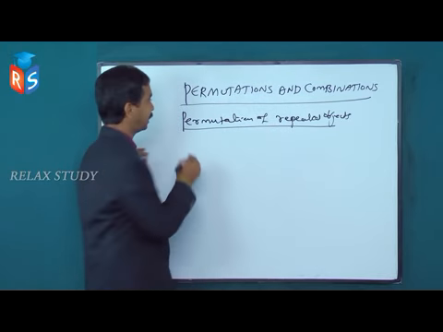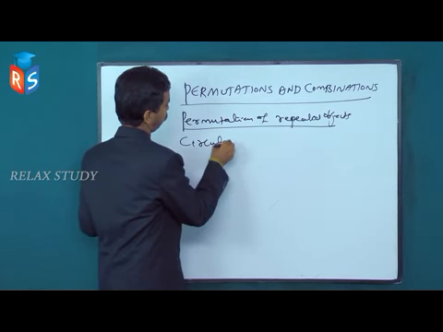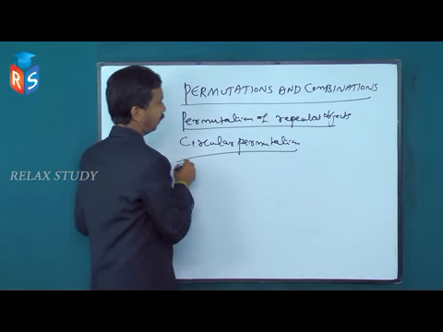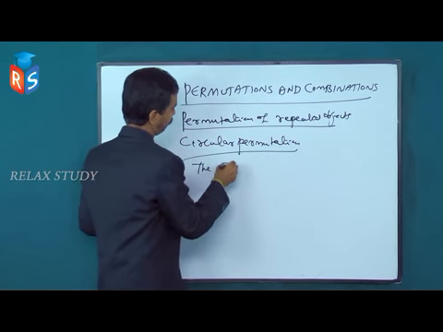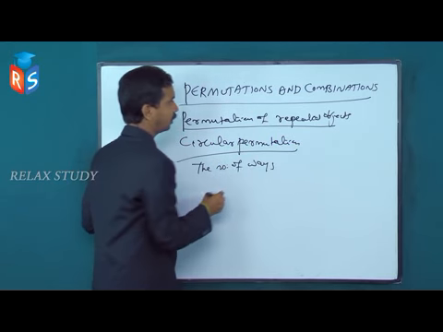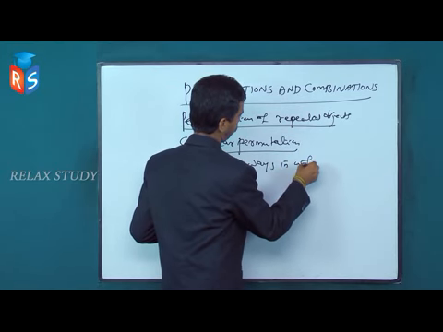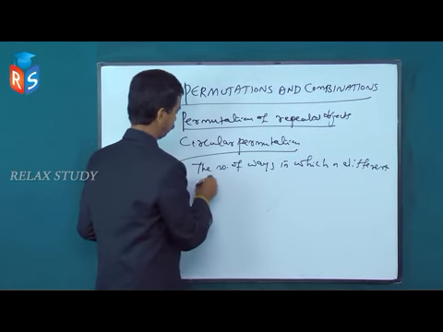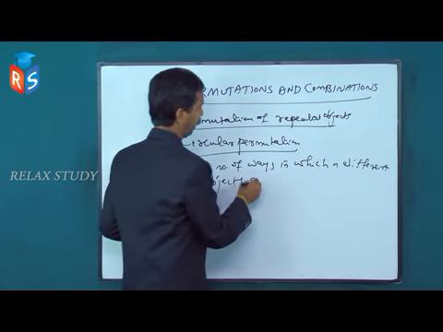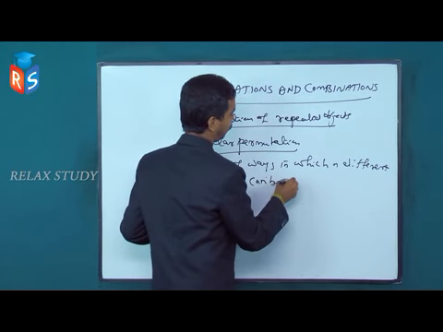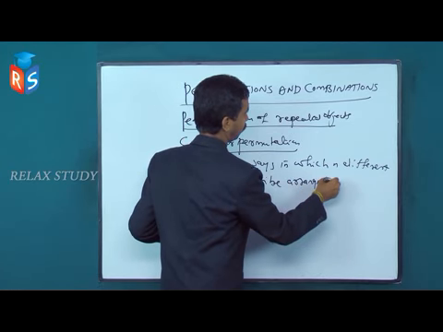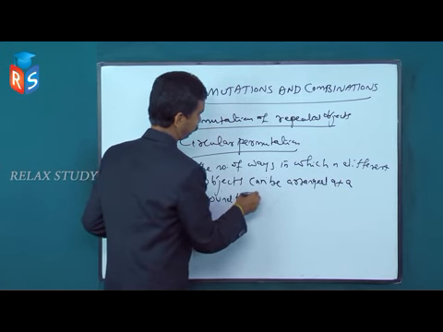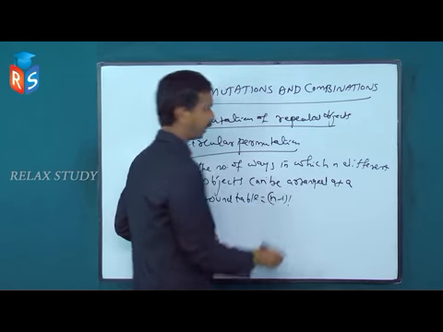Now circular permutation. The number of ways in which n different objects can be arranged at a round table equals n minus 1 factorial.